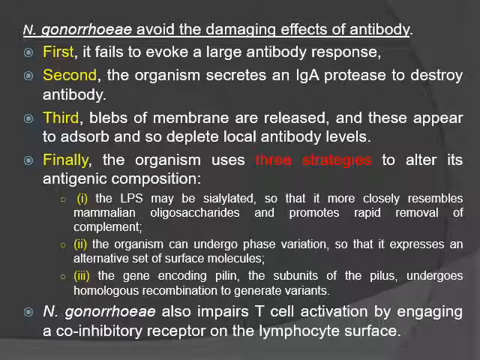The organism can undergo phase variation so that it expresses an alternative set of surface molecules. The genes responsible for pilin, the subunits of the pili, undergo homologous recombination. So genetic variation occurs, the genes are changing, to generate a new variant so it can evade the antibodies. All these methods are exploited by bacteria to escape from the immune system.